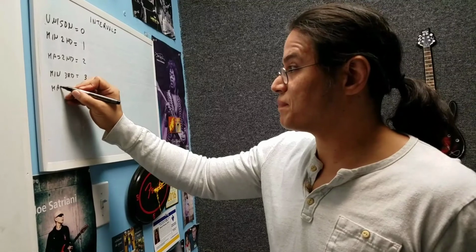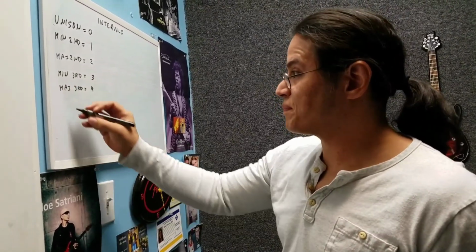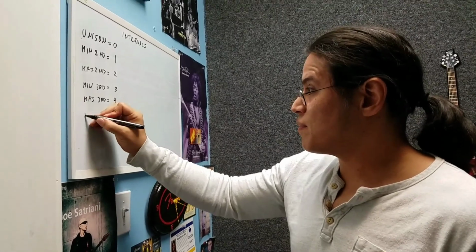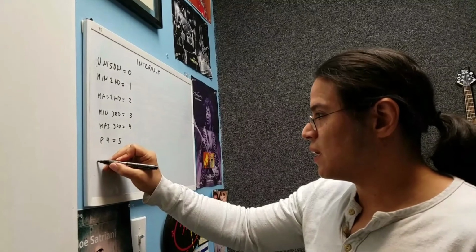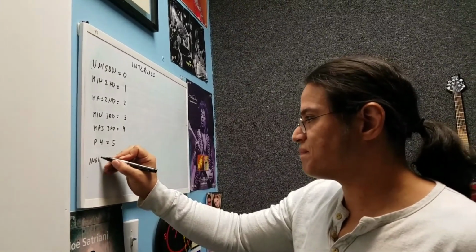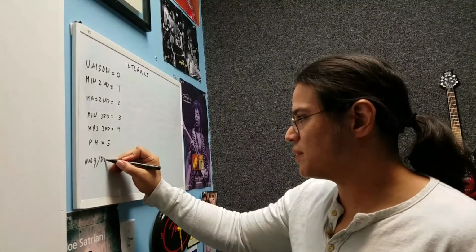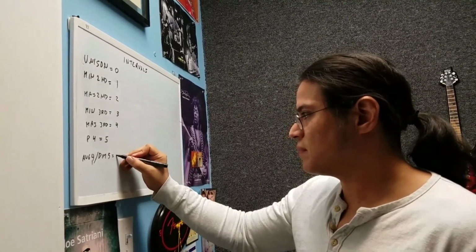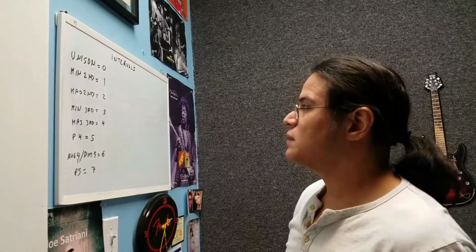Major third, 4 frets away. Perfect fourth, 5. An augmented fourth, or diminished fifth, 6. Perfect fifth, 7.